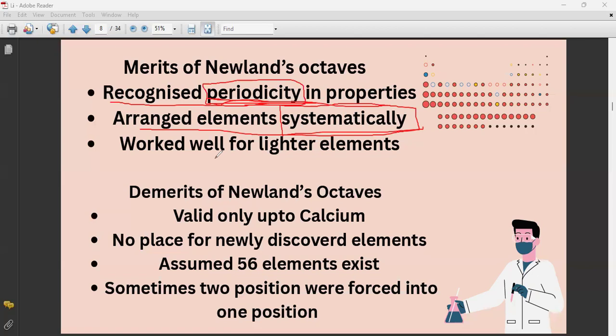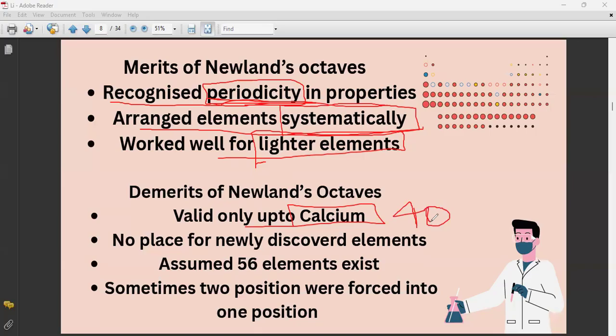And it worked well for the lighter elements. He hasn't said anything about the heavier elements, but Newlands' law of octaves worked well for the lighter elements. Now, what were the demerits of Newlands' octaves? It was only valid up to calcium, which has an atomic mass of 40. It worked only up to calcium.